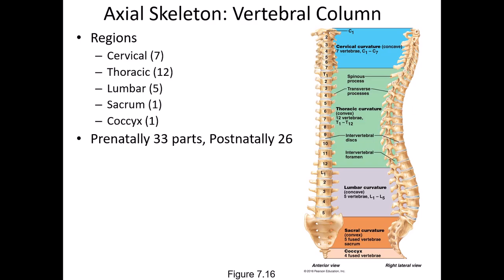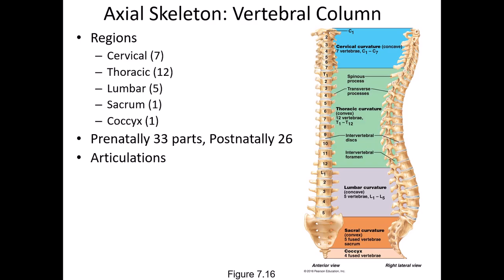For example, a lot of times people will explain the difference to me and say, well, we have 33 parts prenatally and only 26 parts postnatally because the sacrum and the coccyx fuse together. Well, what you just said is that the 1 sacrum and the 1 coccyx fuse to each other, which actually only changes the count by 1, when in fact it's 5 separate sacral vertebrae fusing to make one sacrum, and 4 separate coccygeal vertebrae fusing to make one coccyx. So you have to make sure that you're expressing yourself clearly.